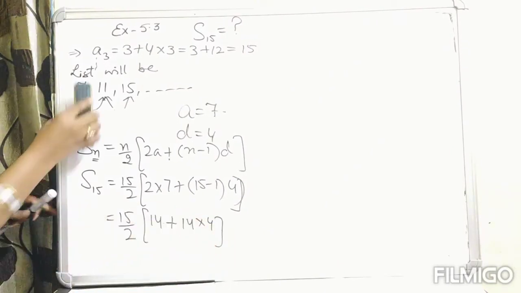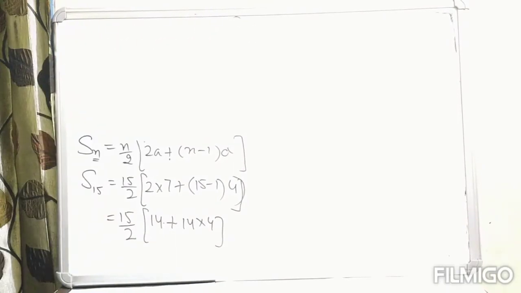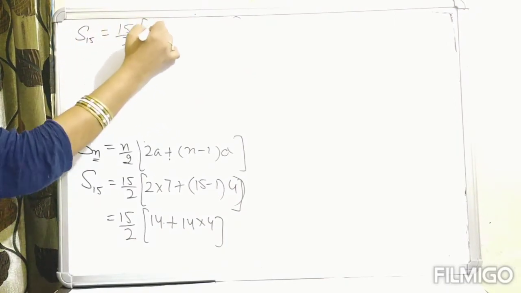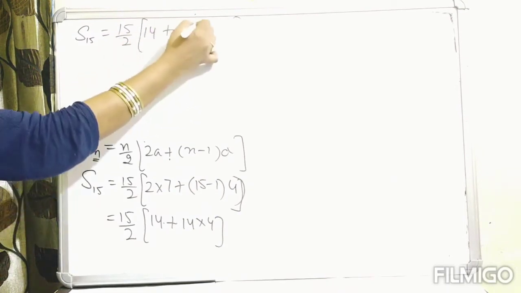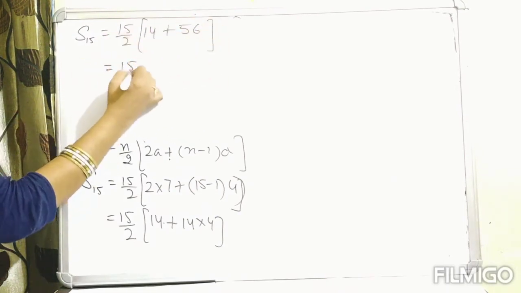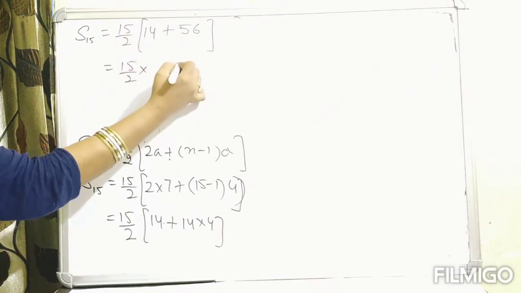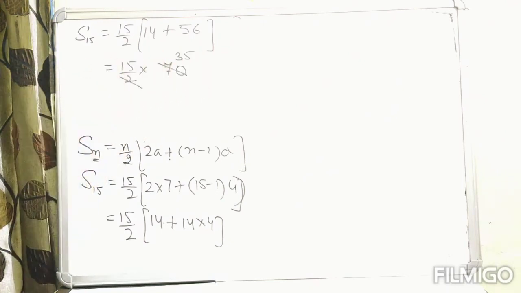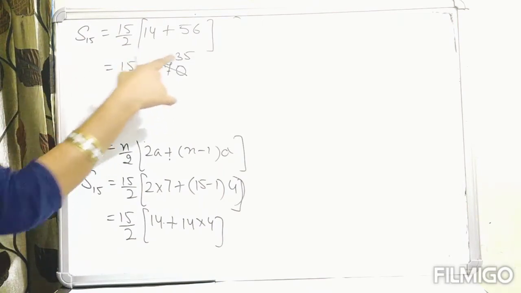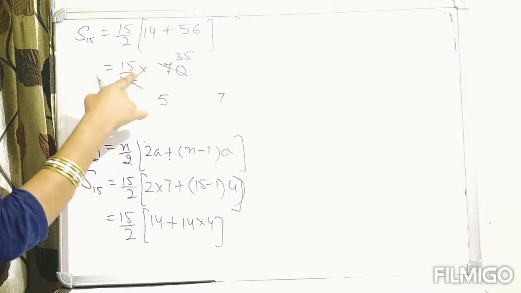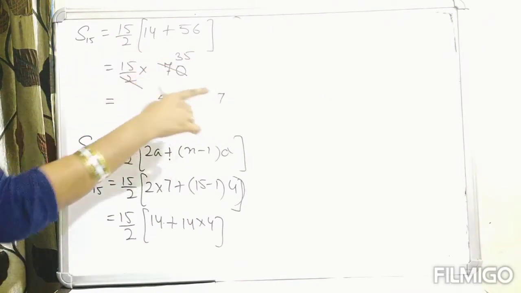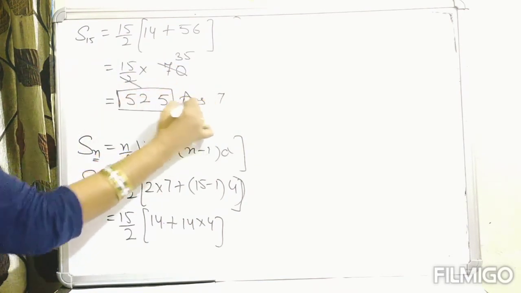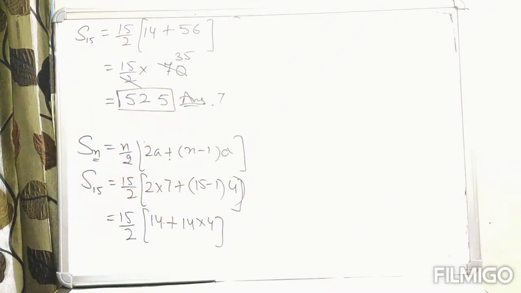So now S15 will be equal to 15 by 2, 14 plus 14 fours are 56, and this will be 15 by 2, 14 plus 56 will be 70, and this 2 will cancel out, and after multiplying we'll get 15 fives are 75, 15 threes are 45, 45 plus 7, that is 52, and this will be the answer. So our answer for this question is 525.